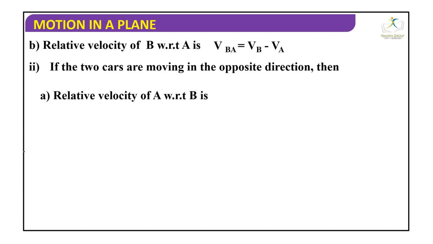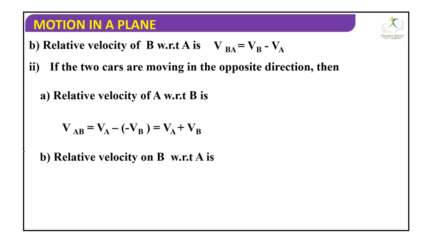If two cars are moving in the opposite direction, then theta becomes 180 degree as I told you. For that case, the relative velocity of A with respect to B is VAB equals VA minus of minus VB. Because velocity is a vector quantity, we take the opposite direction and symbolize that with a minus. So we get VA plus VB.